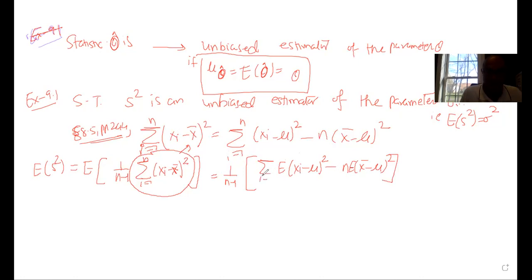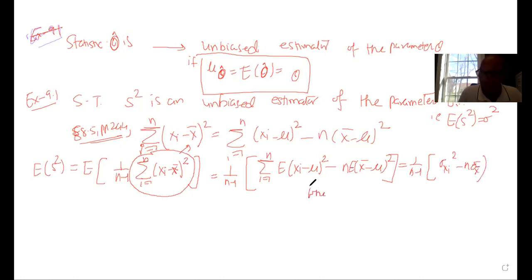Of course, I don't have to write every time that i runs from 1 to n. That is equal to 1 over n minus 1 times the summation of variance of xi minus n times the variance of x bar, by definition.